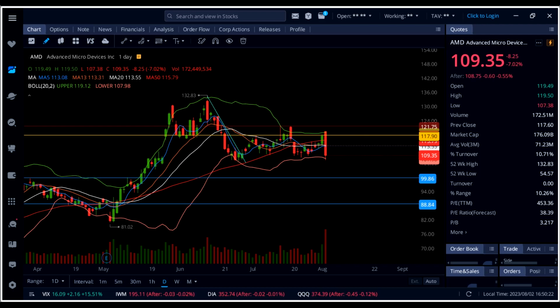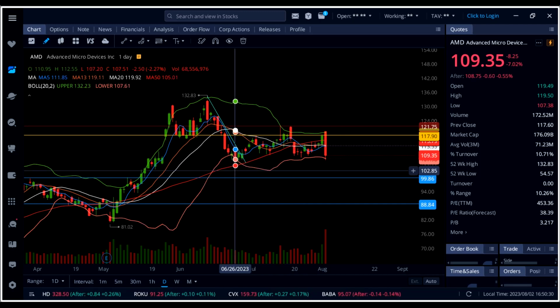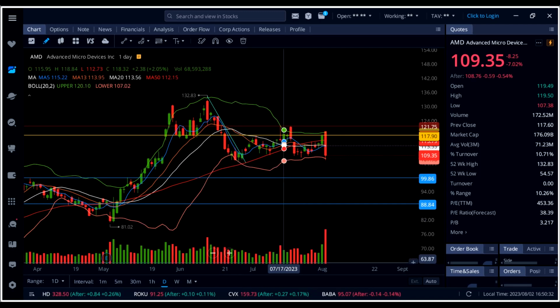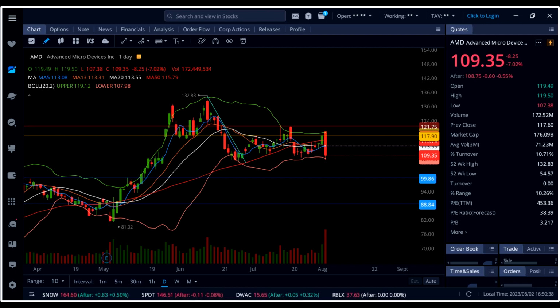On AMD, the stock is down 7%, a massive red candle on this daily chart. If you look at it, guys, I talked about it last night. Yes, AMD stock was up, but earnings, it was garbage. It wasn't that good, definitely, and even the last one was also bad.